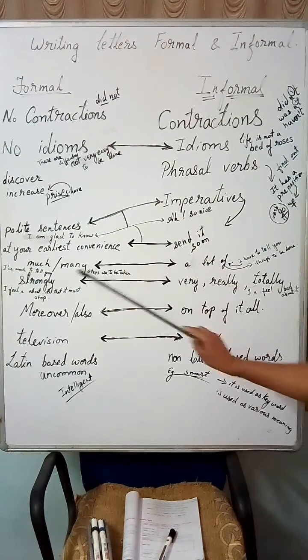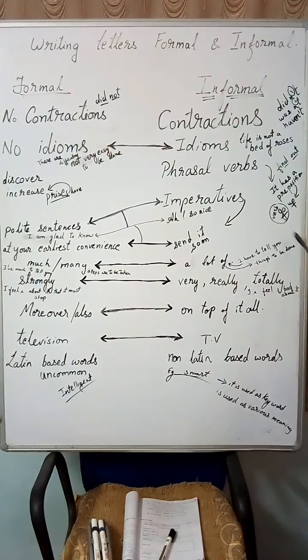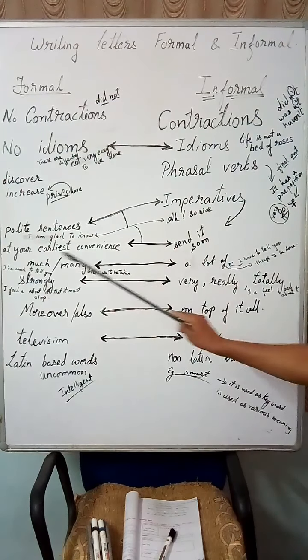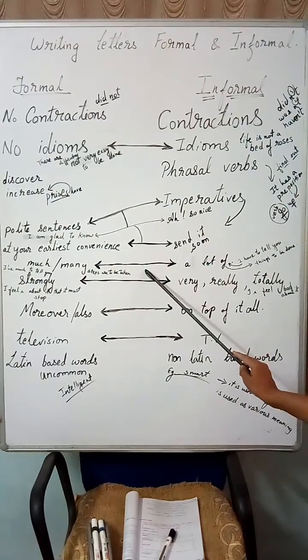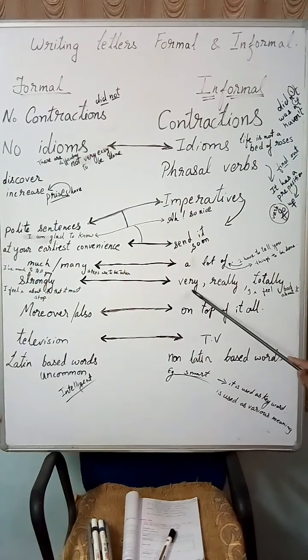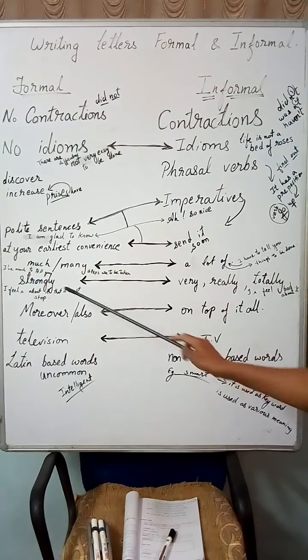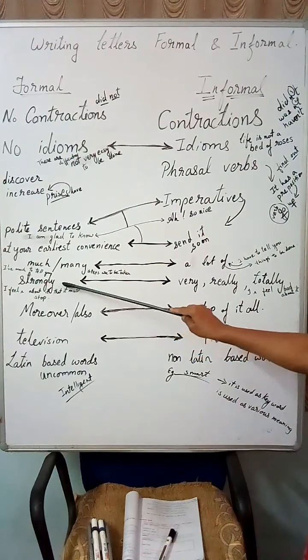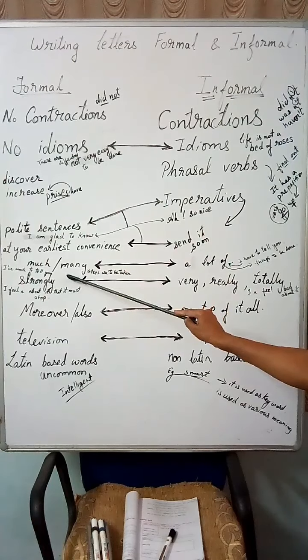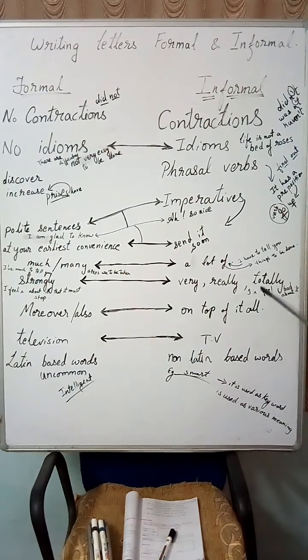So these are the two different forms, and along with this example I have given you the sentences also, how to form different sentences. Now, next is, in informal letters we use words like very, really, totally, like this. But over here, instead of all this, we use strongly. Example, I totally feel bad about it.